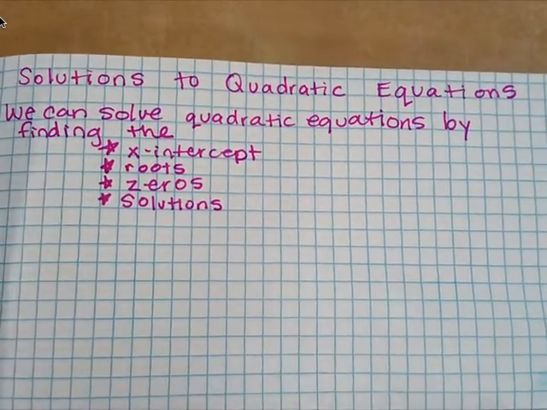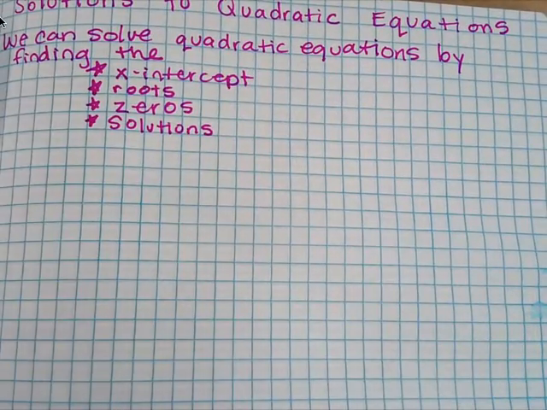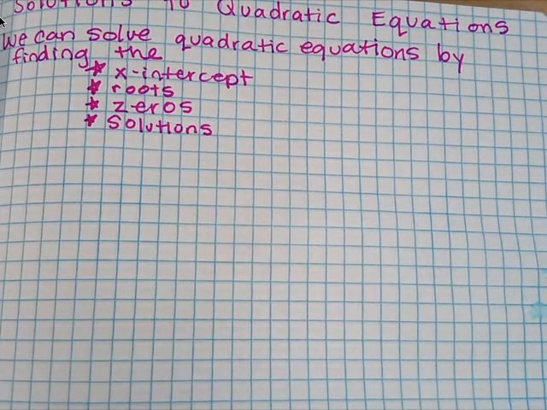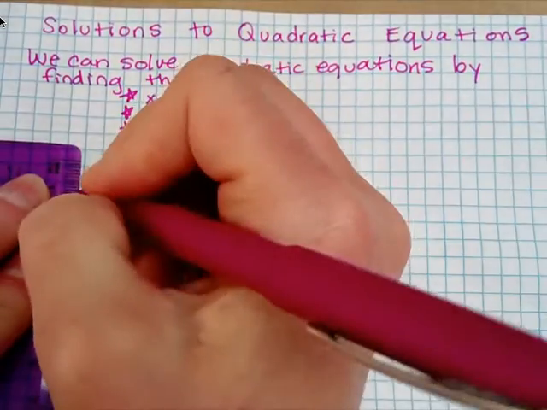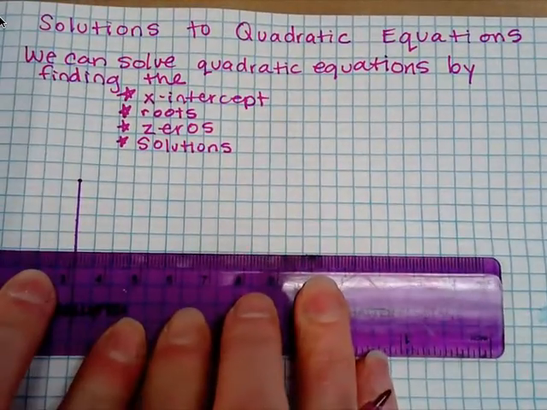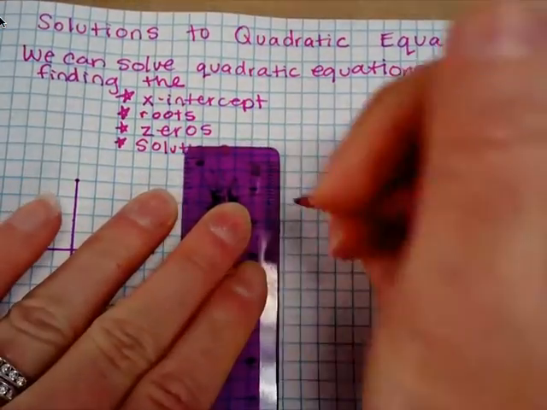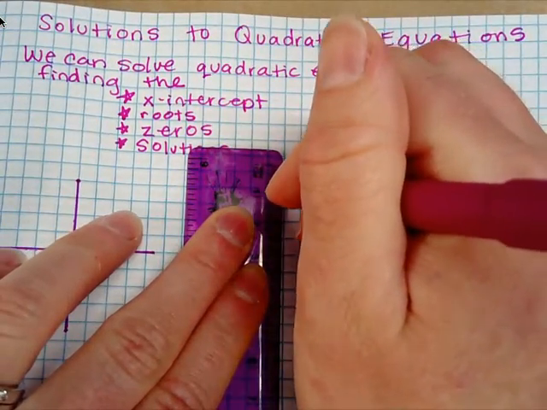So there are actually 3 different scenarios with quadratic equations when we graph them. So I want you to draw 3 different x, y graphs. Just small. They don't have to be very big at all.